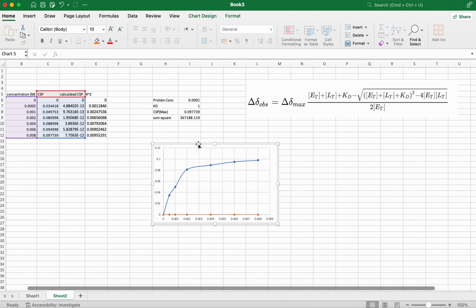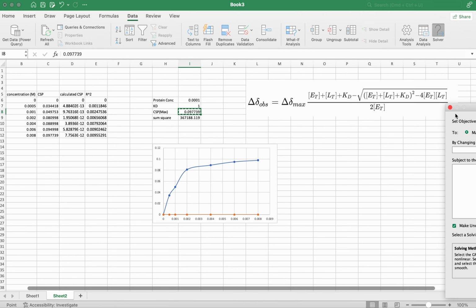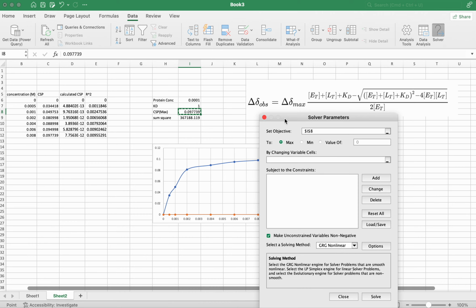To fit the Kd in Excel, we need to have the Solver. Usually if you go here you will find it here. Otherwise you have to add it, this is a free add-on for Excel. So you can go to the Excel add-ons and select the Solver. Once you have this, you can click the Solver, right?